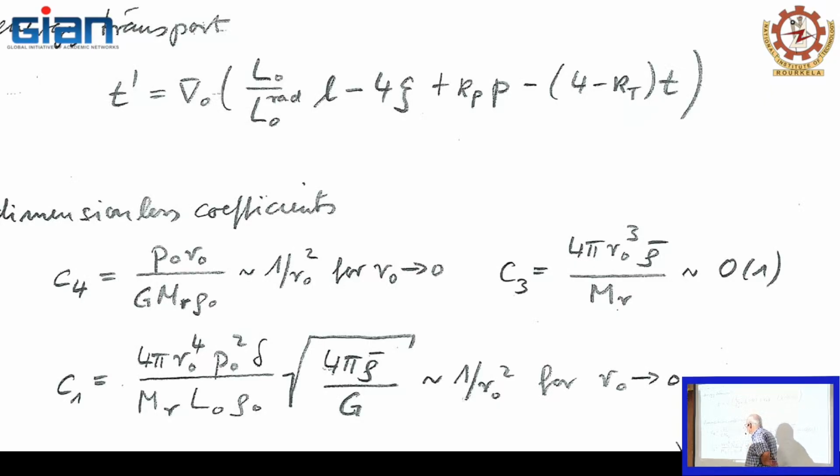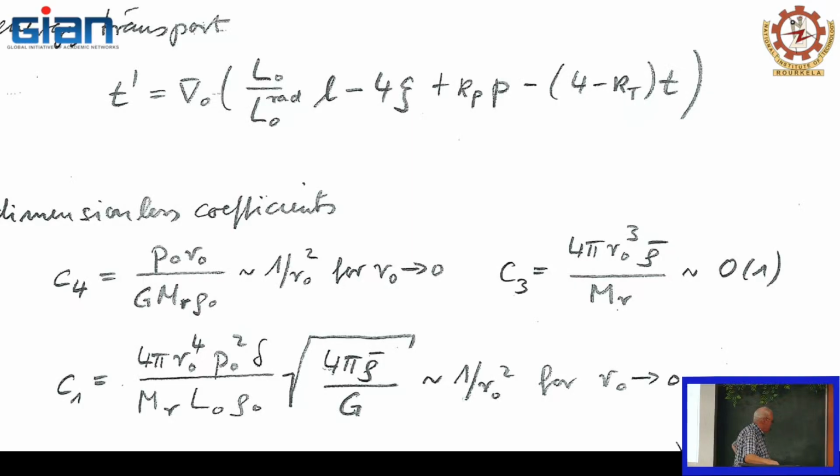How does it go with radius? Once we approach the center of the star, P naught and rho naught approach a finite value. Which power does the mass go with close to the center? Does anybody know? M of r is the integral of 4 pi rho r squared dr. The density goes to a constant value in the center.